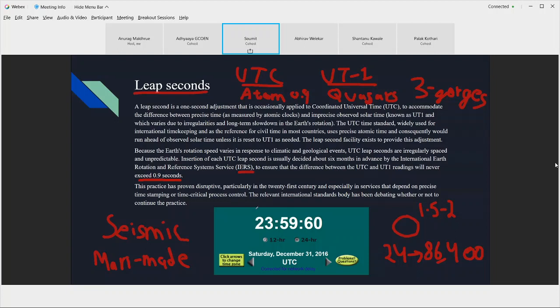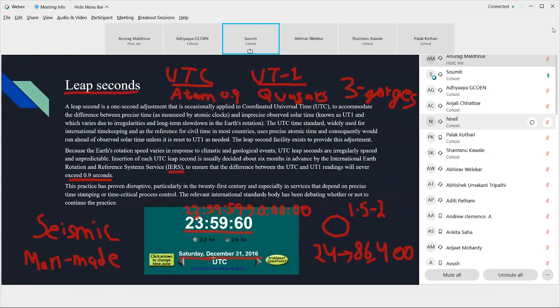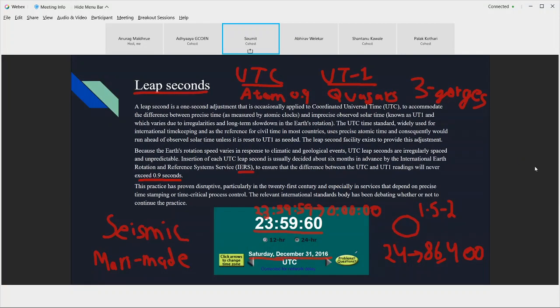Normally it should have been 23:59:59, and after that it should have been 0:00:00. But because of the implementation of the leap second, we actually get 23:59:60. One instance when we saw a leap second being implemented was on December 31, 2016.